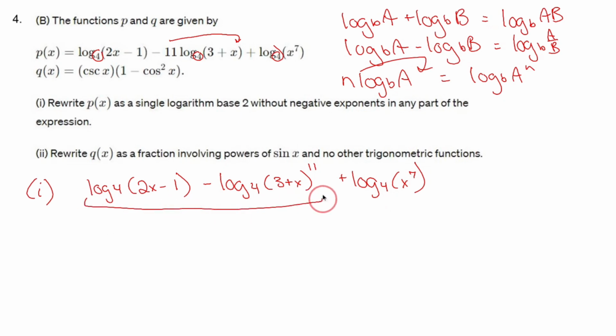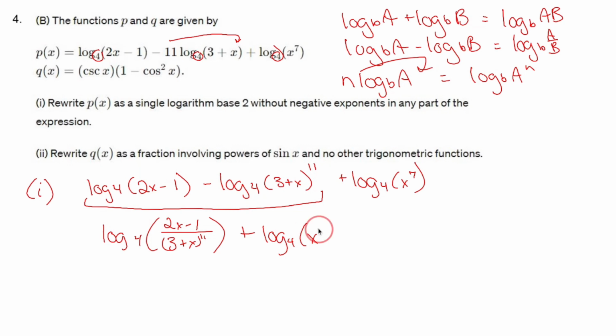These two we're subtracting. So let's do log base 4 of (2x minus 1) over (3 plus x) in parentheses to the 11th. And we're still adding log base 4. Now, when you add two things, you multiply the insides, which is going to put x to the 7th up here in the numerator.